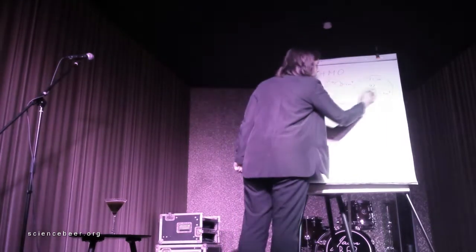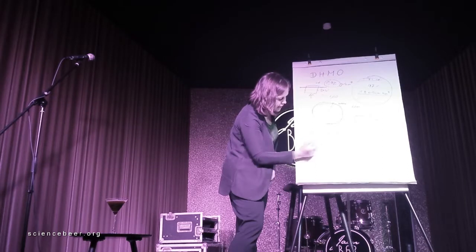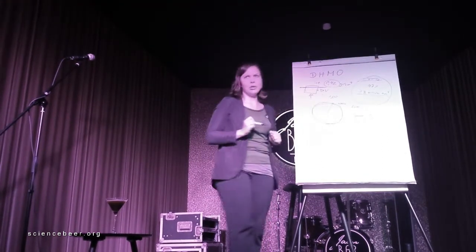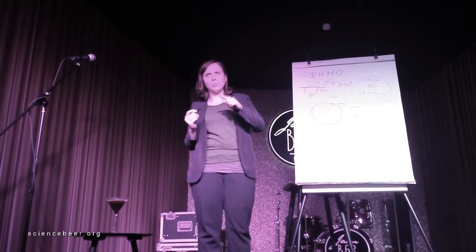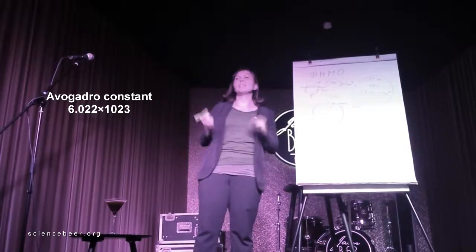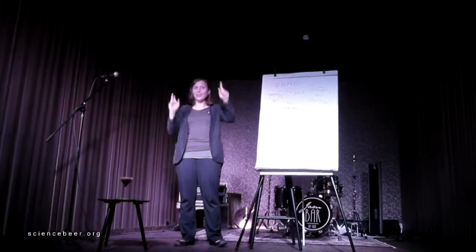So if we put all the zeros in there, this is about 5 times 10 to the power of 21. This is the number of glasses of water inside the ocean. So now we need the number of water molecules in a glass of water. How do we do it? Who knows the Avogadro constant? So now we need to know how many moles of water are in a glass. More than one.